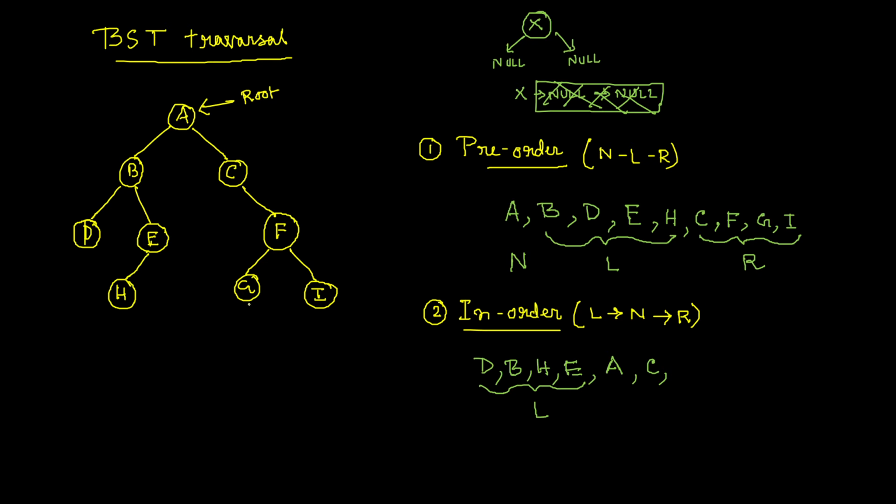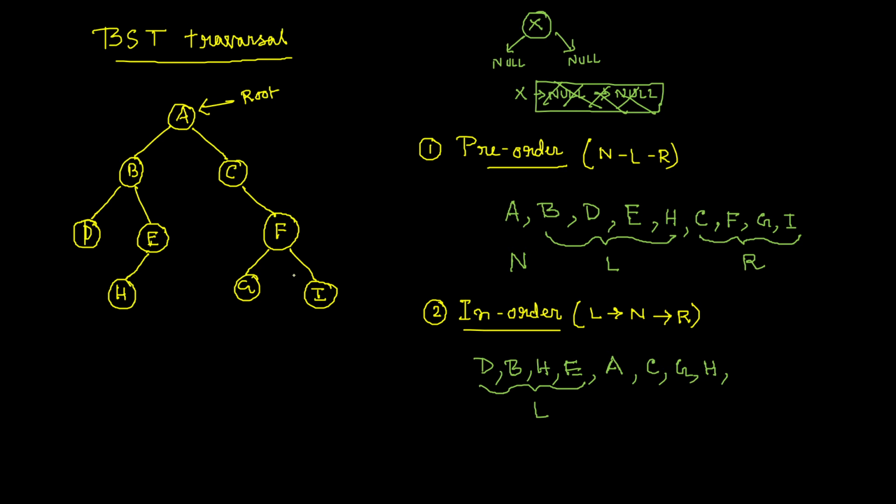Even if I consider there is one more left child of G, for example some J, the left child of G was J, that means J should be printed first, then G, then F. Anyway, we don't have any left child of G here. That means after C, G will be printed, and then only H can be possible to print.